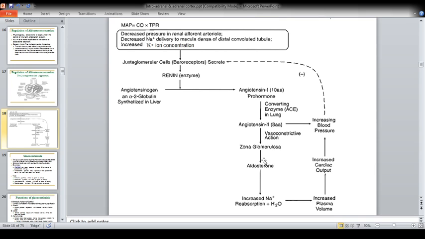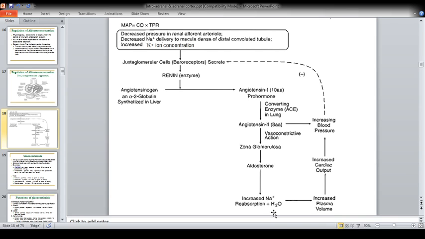When this angiotensin 2 acts on the zona glomerulosa, the zona glomerulosa would start producing aldosterone. This aldosterone would act on the kidney and increase sodium absorption along with water reabsorption. I've told you earlier, water goes where the sodium goes. So if sodium is being reabsorbed, water is being reabsorbed more, this would cause an increase in plasma volume, which would in turn, when it goes to the heart, cause increased cardiac output.